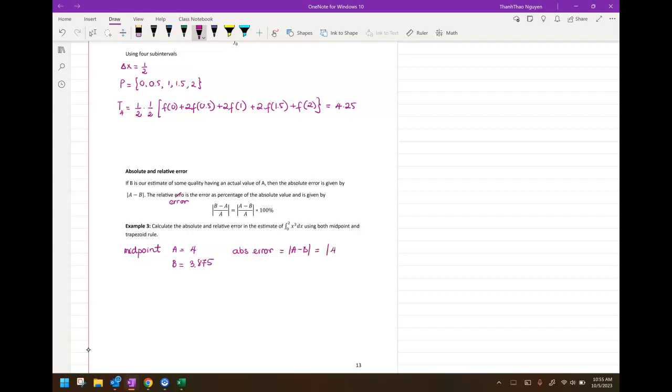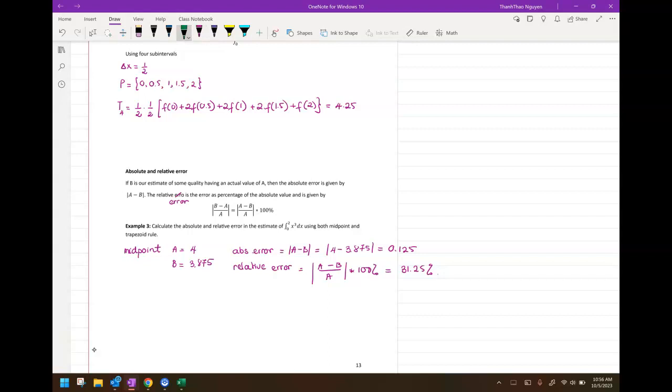That is the absolute value of 4 minus 3.875, and that is 0.125. And the relative error is equal to the absolute value of a minus b divided by a times 100%. And that will give us 31.25%. So the error is about 31.25%.